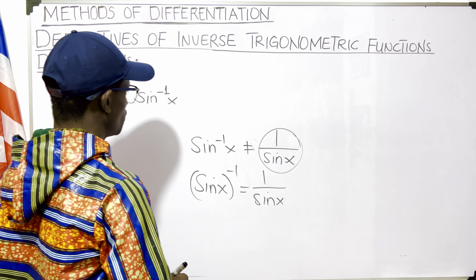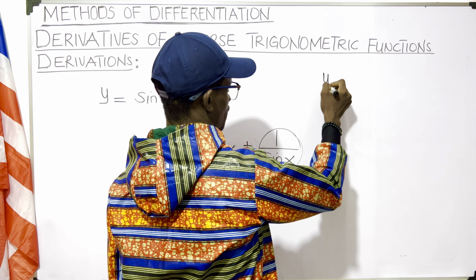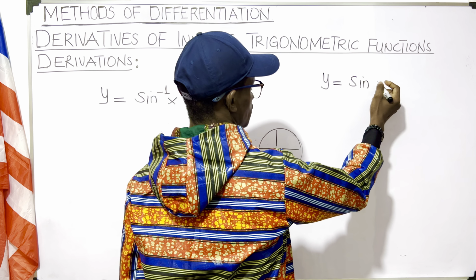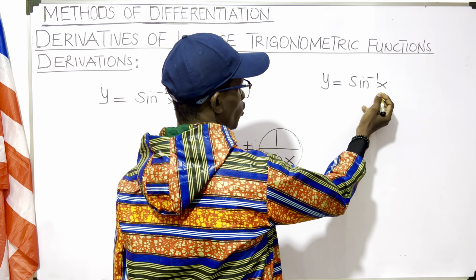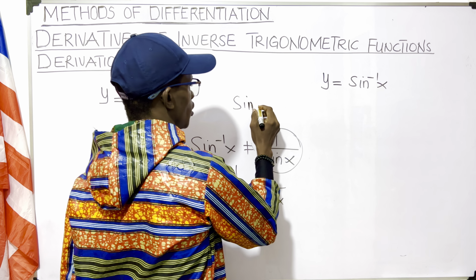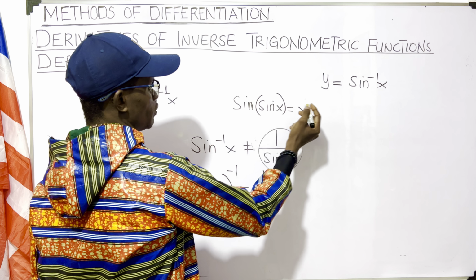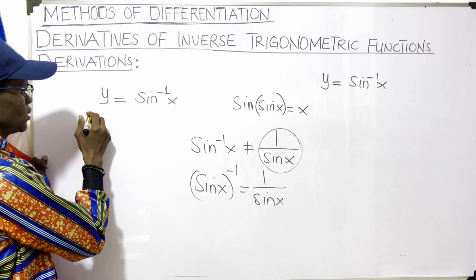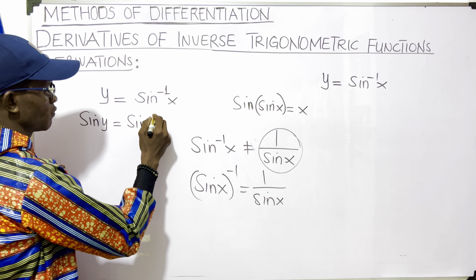And we also know that if we want to get rid of an inverse function, if we have, for instance, y equals sine inverse of x, we take sine on both sides, because sine of sine inverse of x is just equal to x.